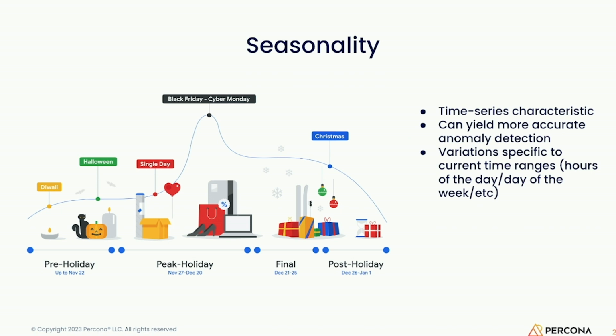So we took a different approach, which is seasonality. Seasonality is a characteristic of time series data. It could be more accurate on anomaly detection than Z-score. It takes care of particular variables from a season, right?